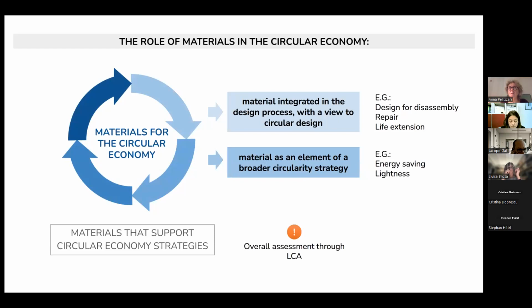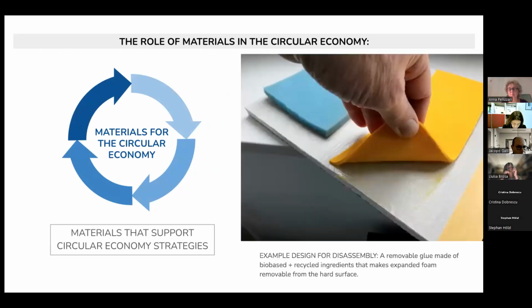For instance, materials that help disassembly, repair, life extension, or materials as an element of a broader circularity strategy, for instance energy saving, lightness, etc. So in the first case, it's a more closed way of looking at the material. In this case, it's the material inserted in the system.